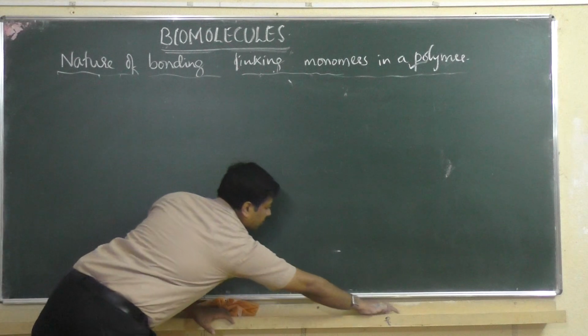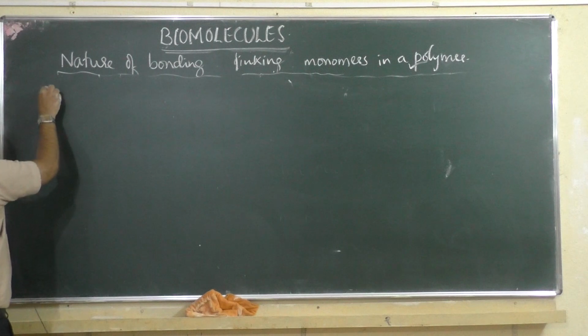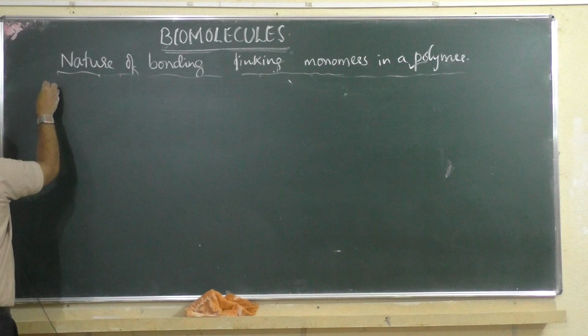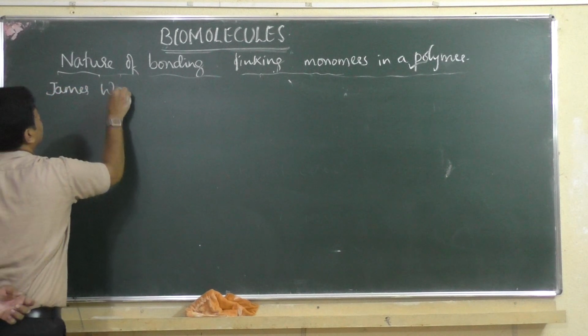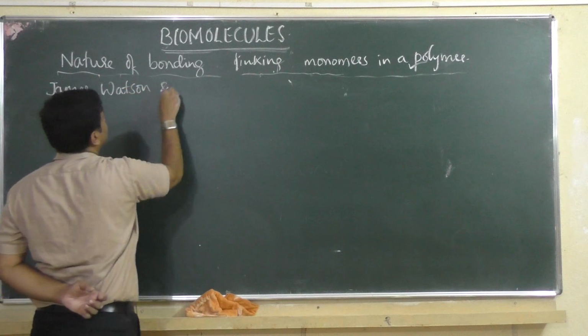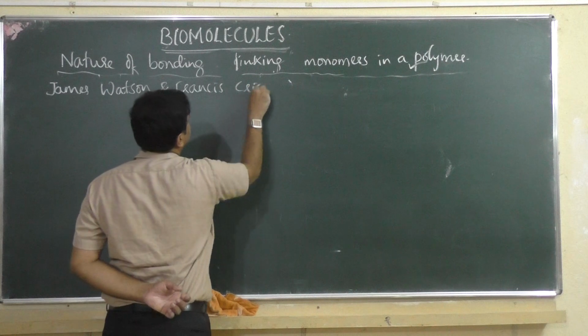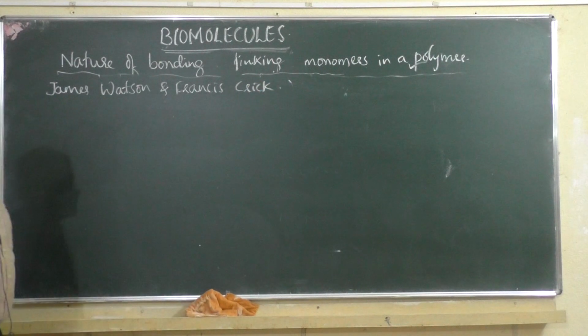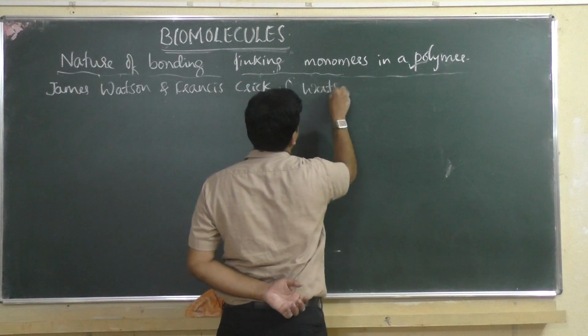They gave the structure of DNA in 1953. James Watson and Francis Crick. Okay, in short, they are called Watson and Crick.